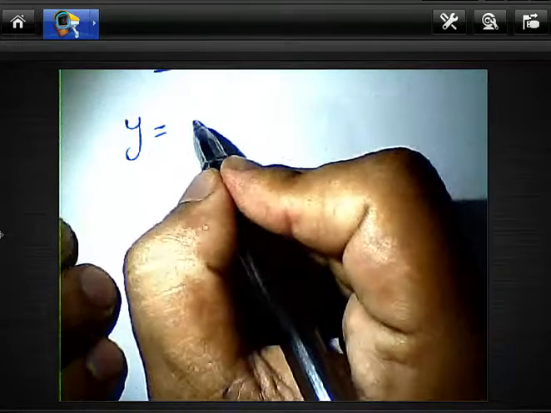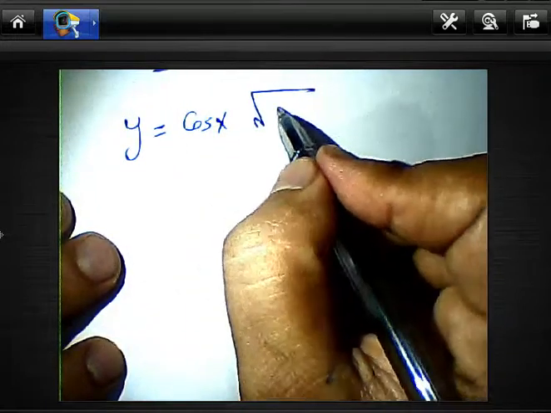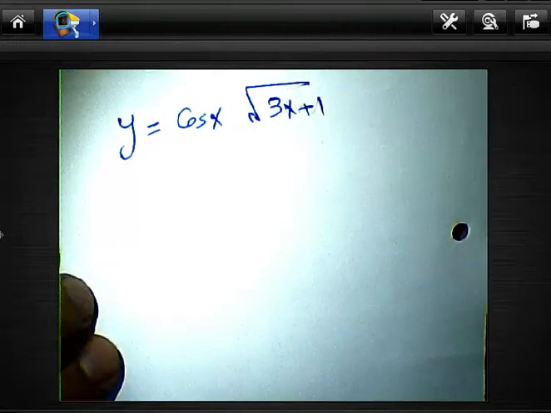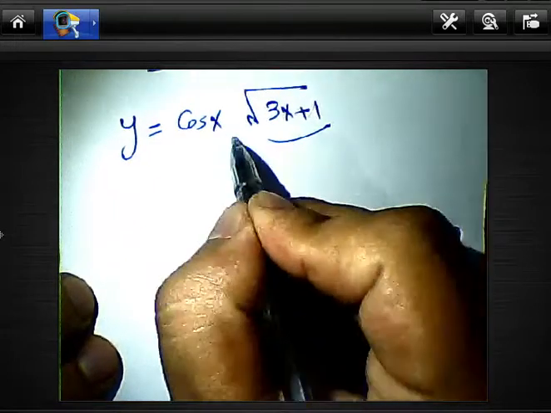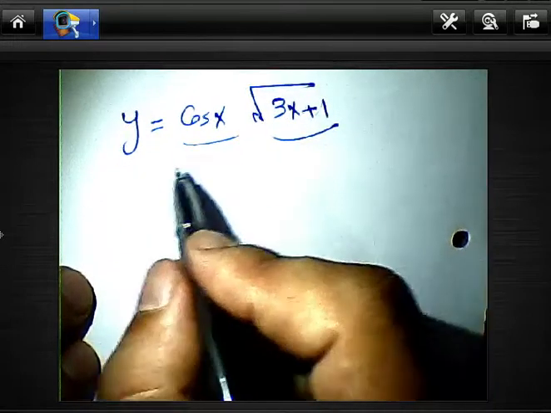another example, y equals cosine x multiplied by the square root of 3x plus 1. We have two expressions here, a trigonometric function and a square root, and we want to find the derivative of this function.